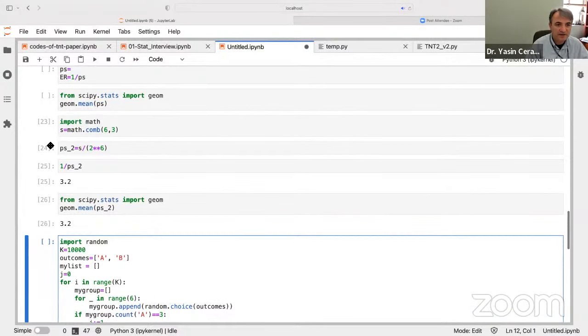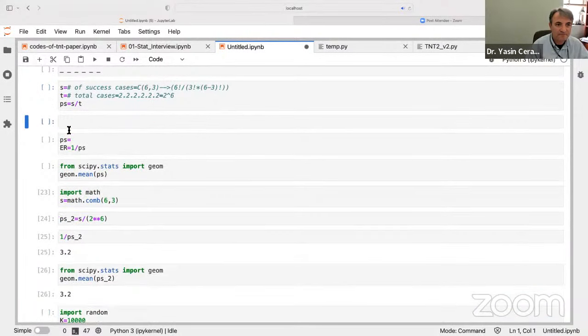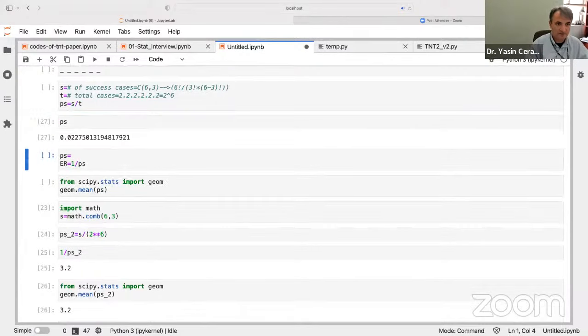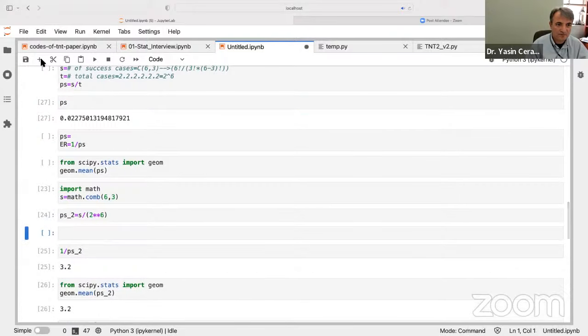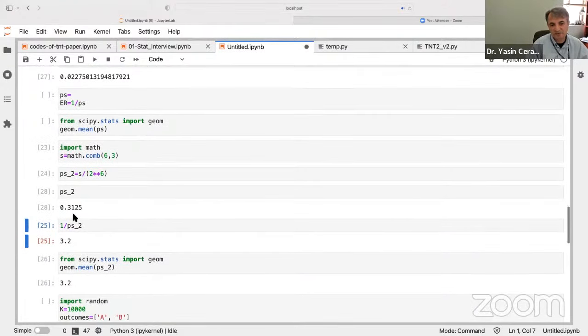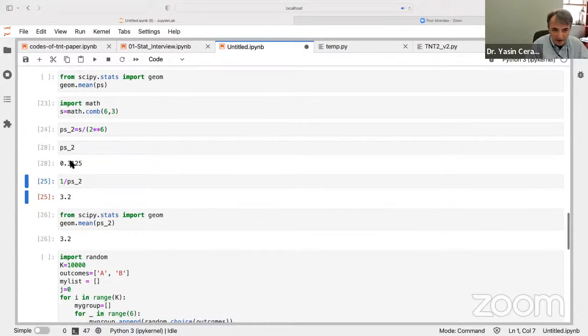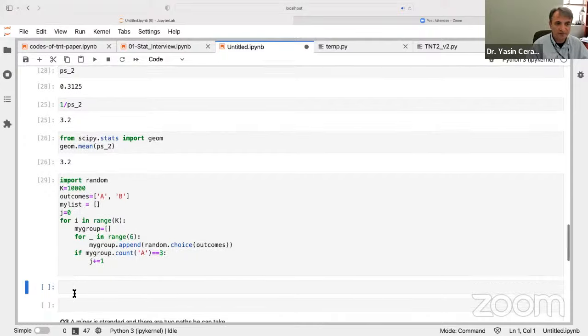And by the way, it's PS here. Okay. So this is the PS2. Remember, this is the probability of success for this experiment. I'm just going to compare this value with this value here. So let me run this first.